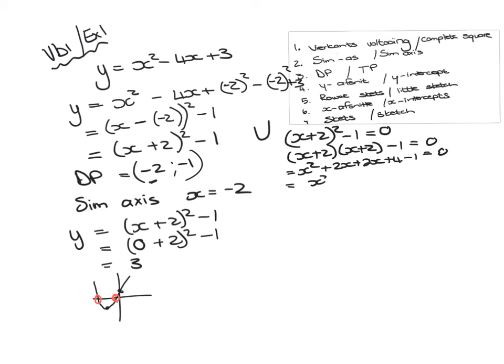So this is x squared plus 4x plus 3. So now you're going to work out your factors. Jy gaan hierdie factoriseer. 3 times 1 gives me 3, and if you add them, it gives you 4, and it must be both pluses. So your x is going to be minus 1, and your other x is going to be minus 3.